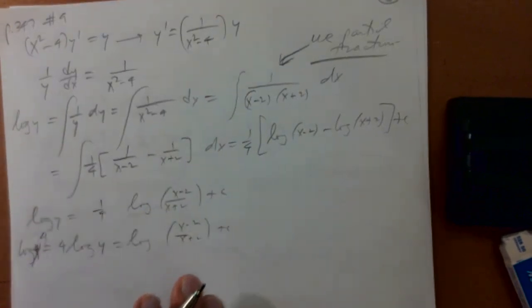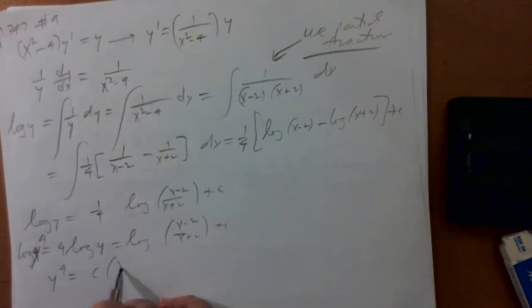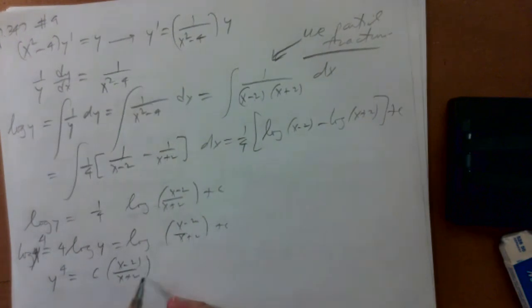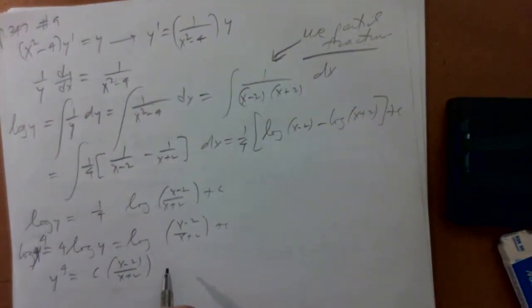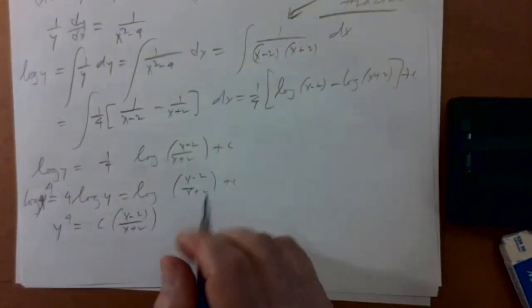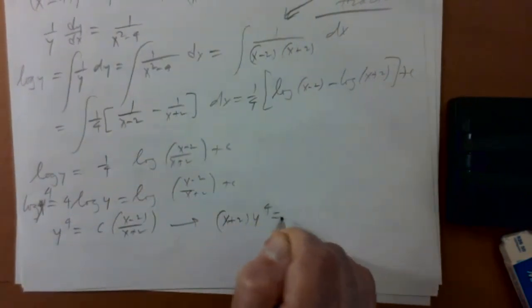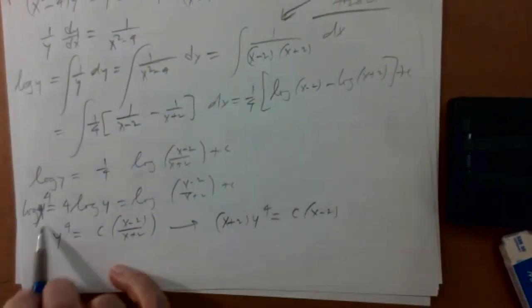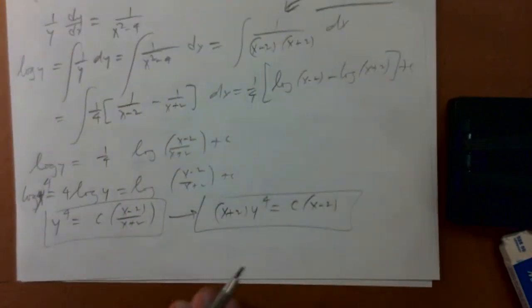So if I exponentiate, I get y to the 4th equals some constant times x minus 2 over x plus 2. Or you could also write it, if you like, it really makes no difference, as x plus 2 times y to the 4th is some constant times x minus 2. So the solution of this differential equation is given implicitly in this way.